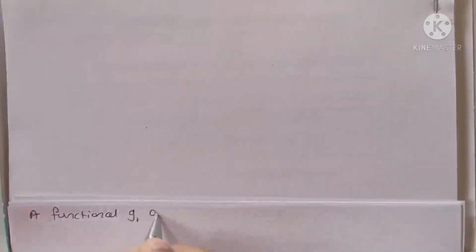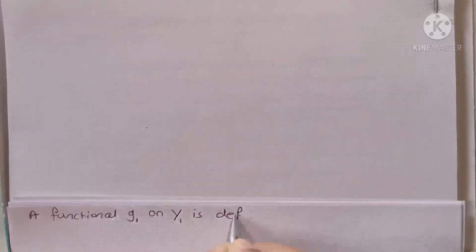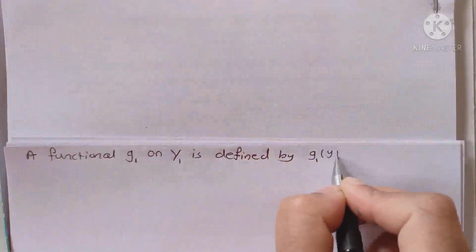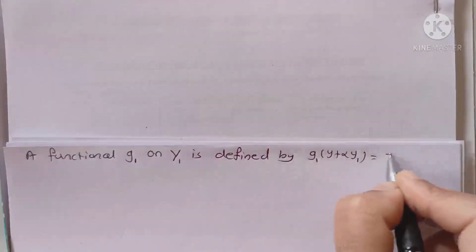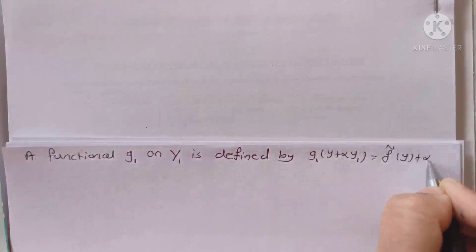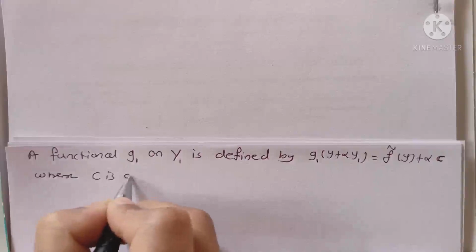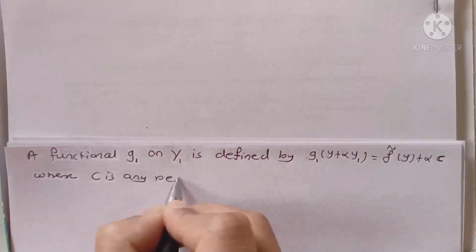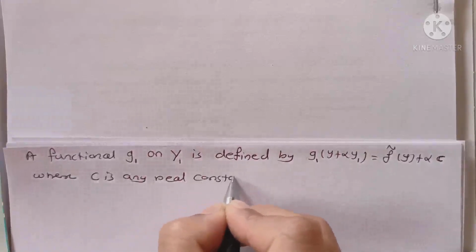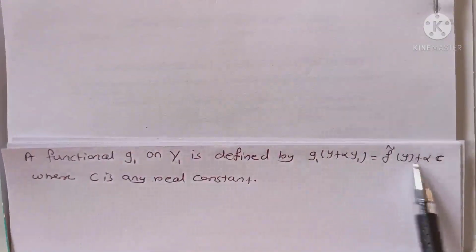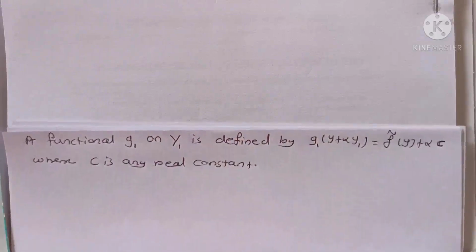A functional g1 on y1 is defined by g1 of y plus alpha y1 equals f tilde of y plus alpha c, where c is any real constant. In this way we define g1 on y1, that is equal to f tilde of y plus alpha c, where c be any real constant.